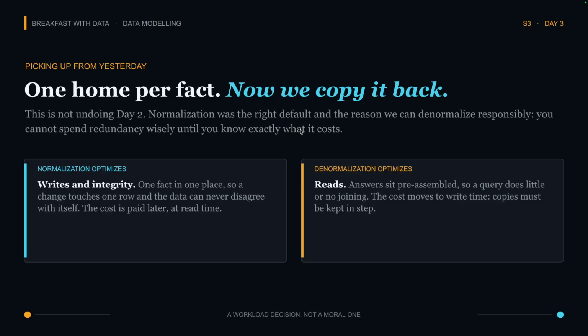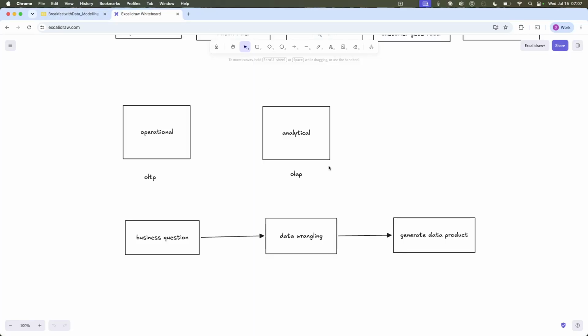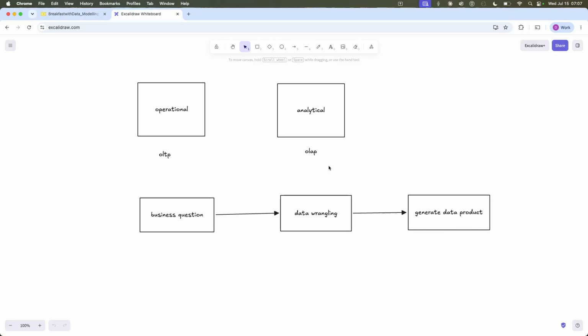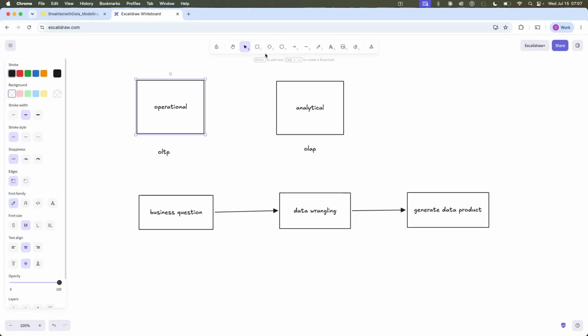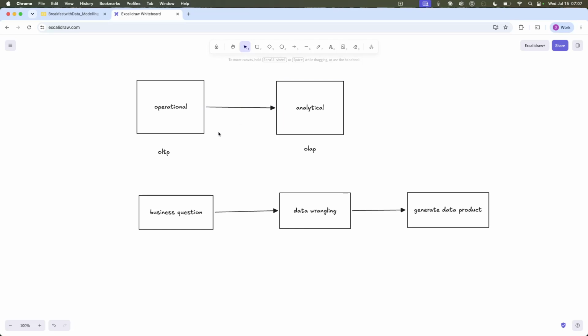So part of our ETL step, you might be asking, remember my analogy yesterday, let me go to Excalidraw. Remember that data moves from operational to analytical. I always go to analytical, right? And this is the entire job of a data engineer, a data practitioner.